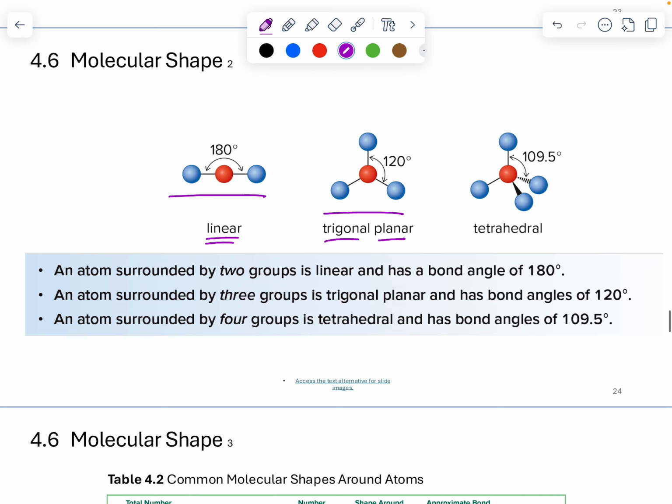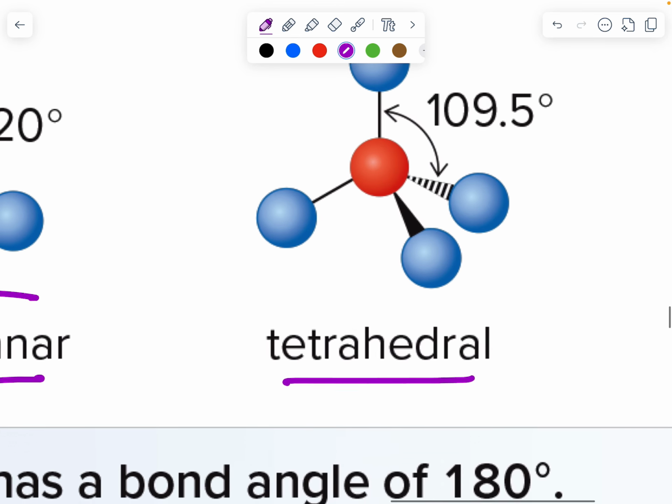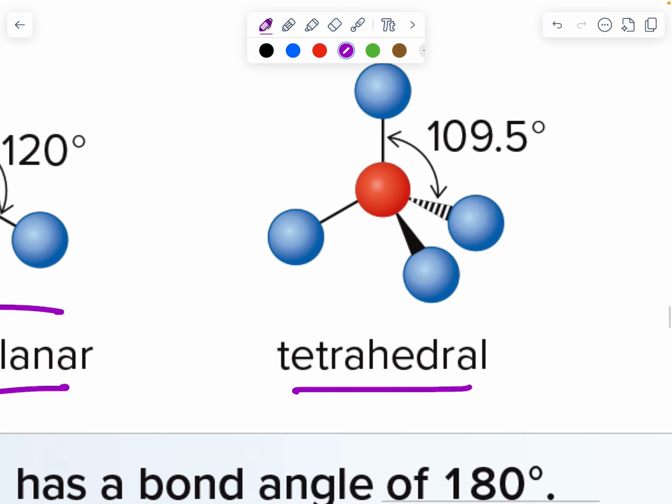And then finally we have a shape with four groups, and this shape is called tetrahedral, and the bond angle between the atoms is 109.5. You may notice that the drawing here is trying to show you a three-dimensional shape on a two-dimensional plane, and so the wedge here that is filled in is in a different location than the wedge that is dotted here.